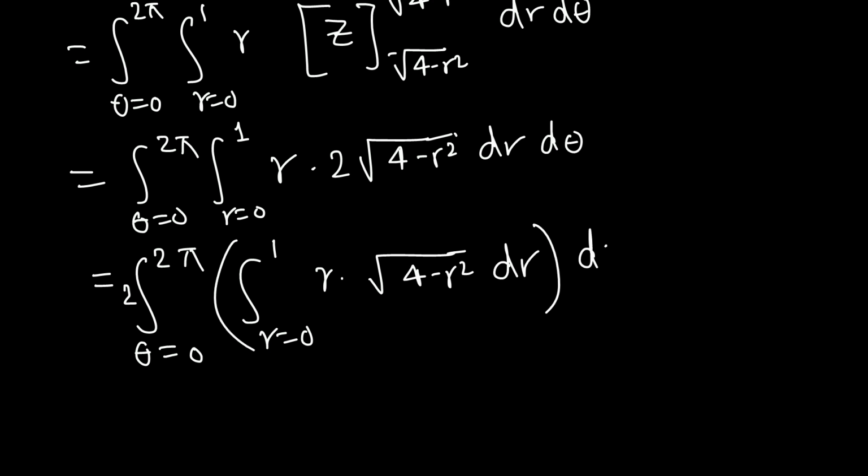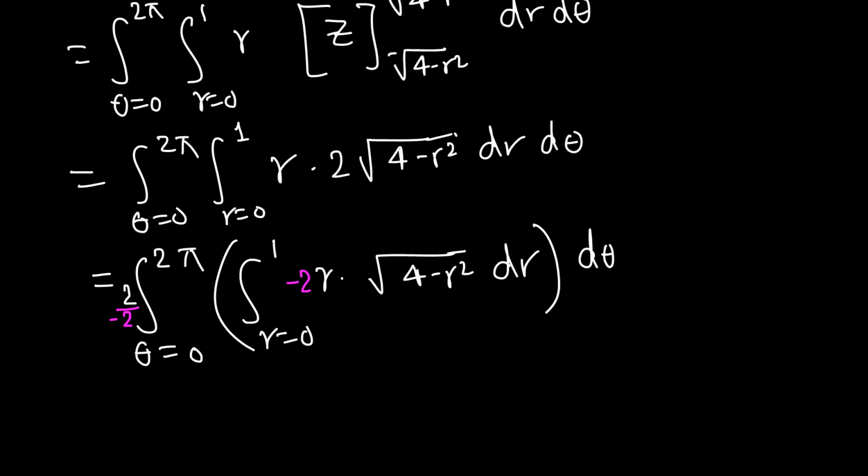Now how do we find the antiderivative of this, because we have a product? If we look at the inside, 4 minus r squared, its derivative is negative 2r. We don't have that, but we can multiply by negative 2 and divide by negative 2.